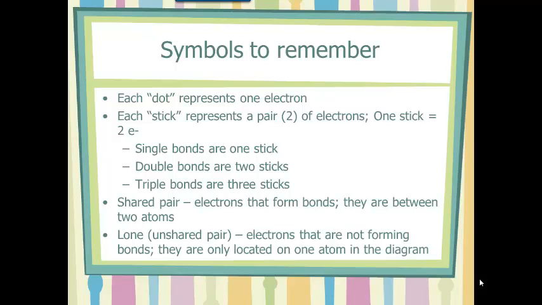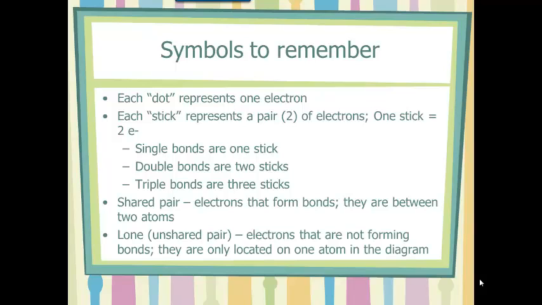So there are 3 types of bonds: single, double, and triple bonds. A single bond is when 2 atoms share 1 pair of electrons, so it's represented with 1 stick. A double bond is when 2 atoms share 2 pair of electrons, so it's represented with 2 sticks. And a triple bond is when atoms share 3 pair of electrons, or 6 electrons total.